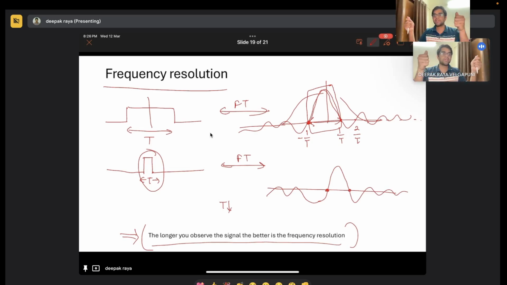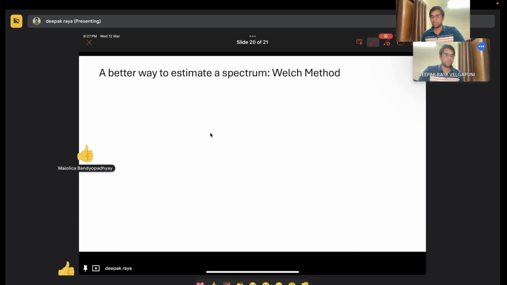If you observe a signal for longer, you have a better estimate of the spectrum. If you observe for a very short time, you have a very smeared spectrum. So that's the key here. Is it clear? Yeah, cool. I hope everyone is with me until this point.